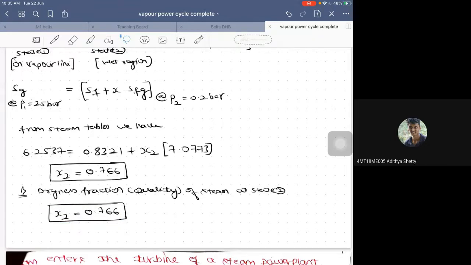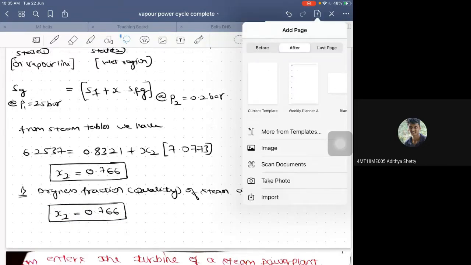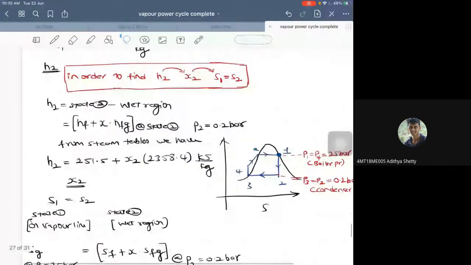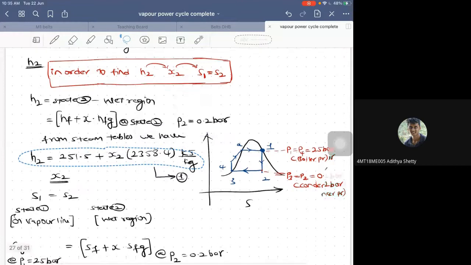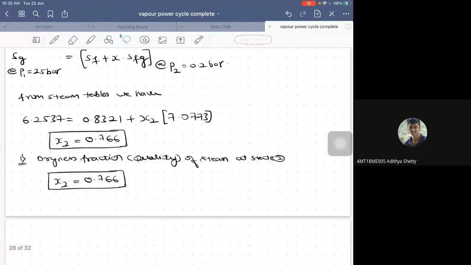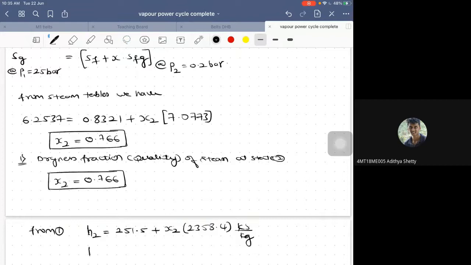Okay. Once that is done, you can use the above formula, which is here, H2. So I would just call this equation number 1. I will pick that equation once again. So I would just write from 1. Now from this, calculate the value of H2.